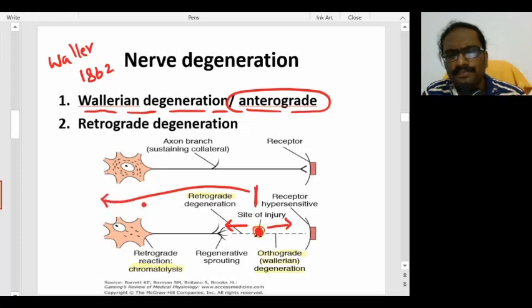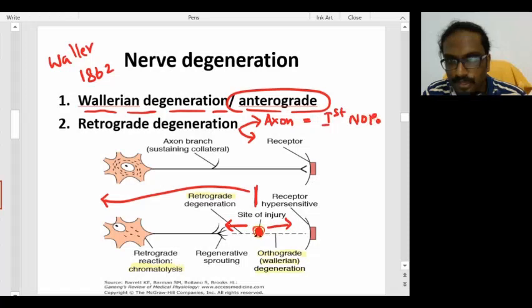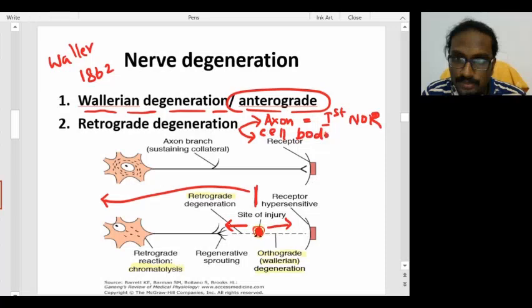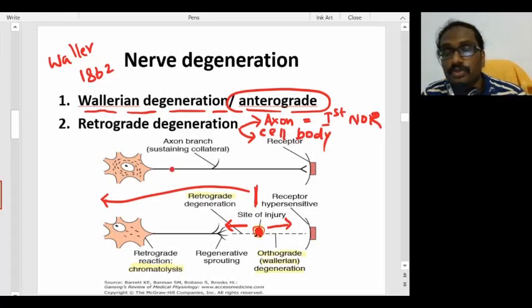This actually has two limbs, right? One is the changes which occur in the axon, which go up to the first node of Ranvier, and then also all the changes which occur in the cell body. We will call the changes in both of these retrograde degeneration.